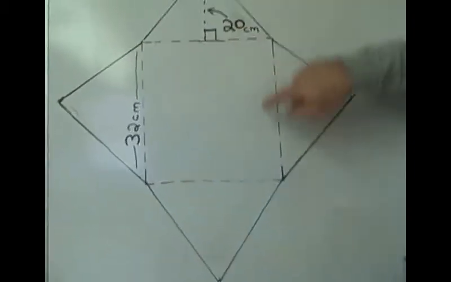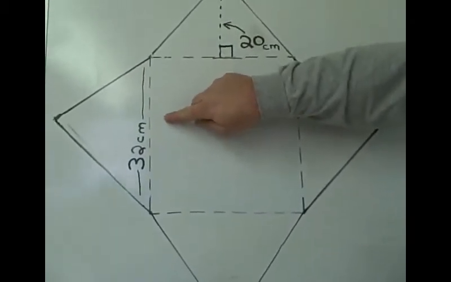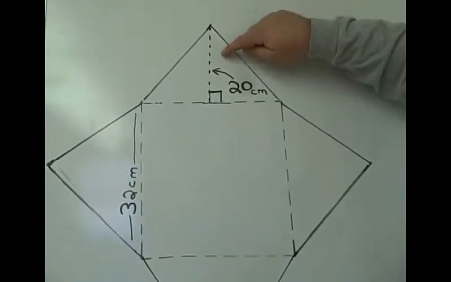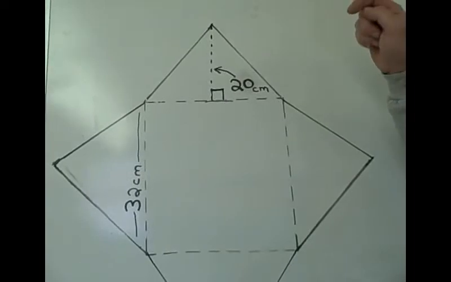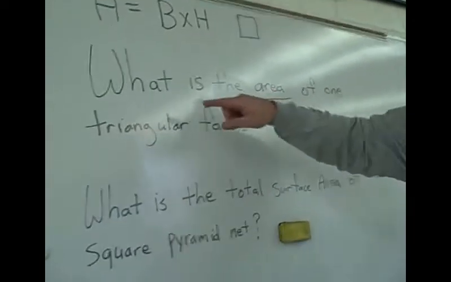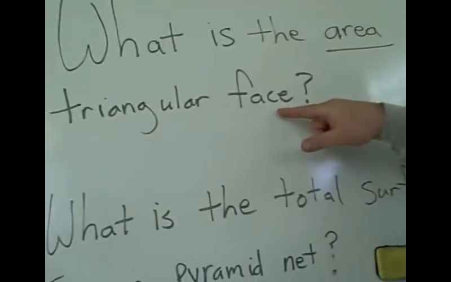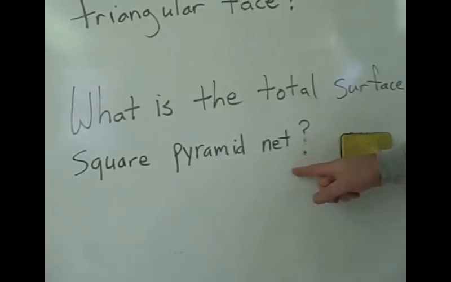The square here, each side measures 32 centimeters, and the height of one of the triangular faces is 20 centimeters in height. Our job is to answer this question. What is the area of one triangular face? And what is the total surface area of the square pyramid?